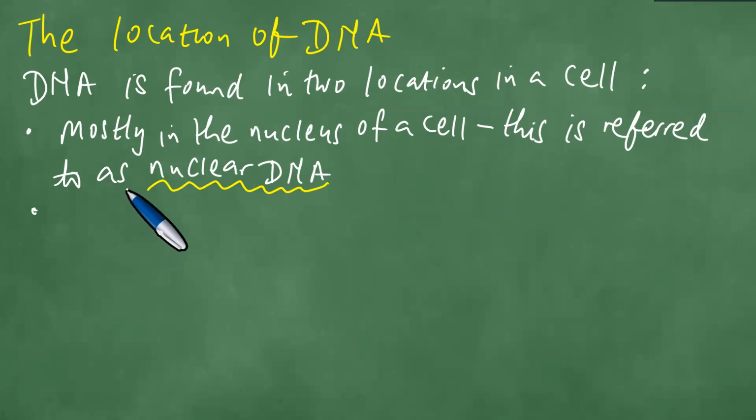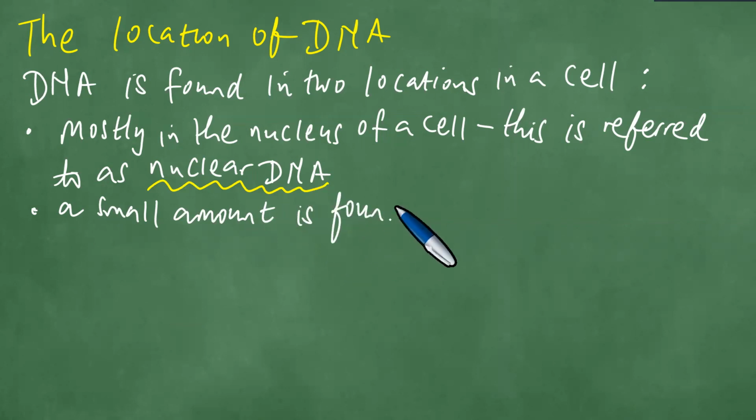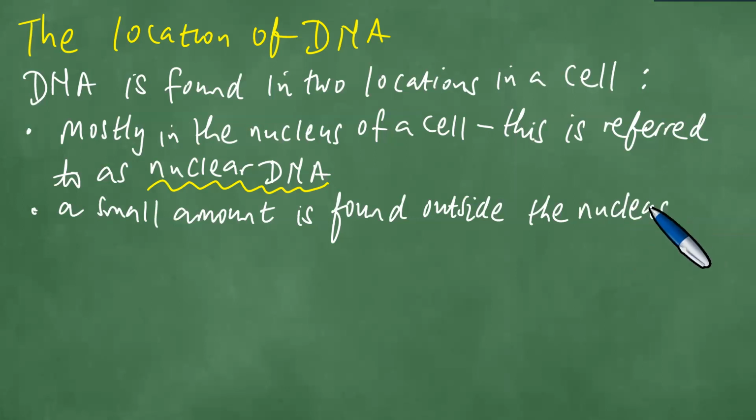But also there is a small amount found outside the nucleus. So there is a type of DNA that is found in the nucleus, but there is a small amount that is found outside.